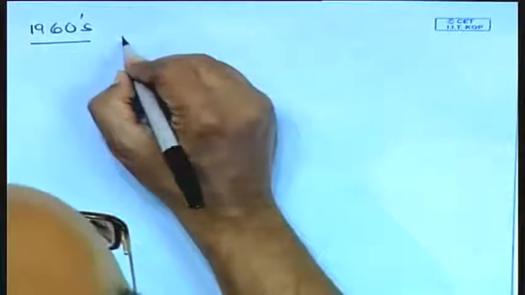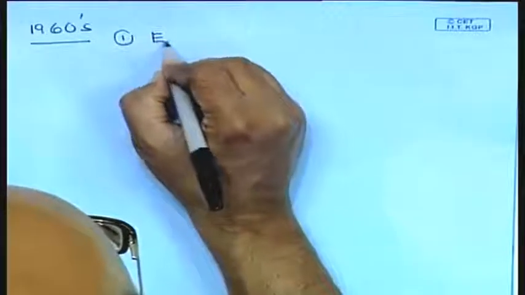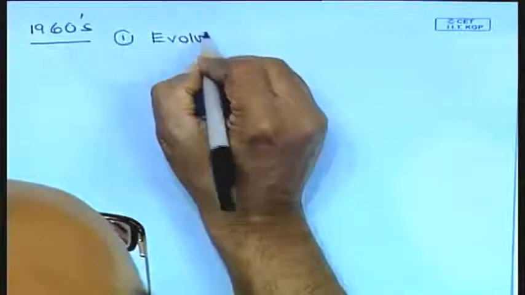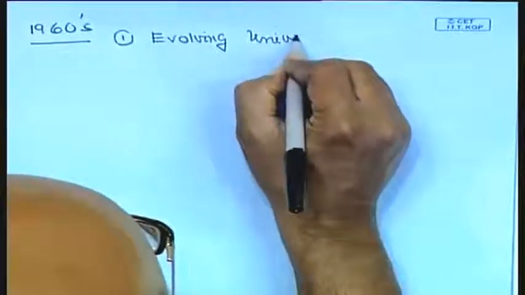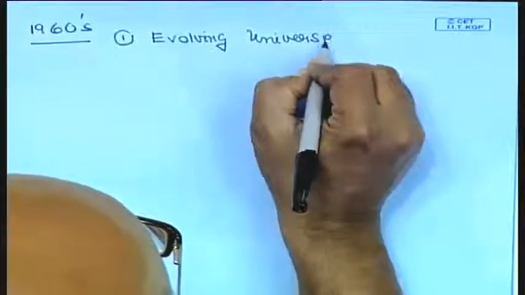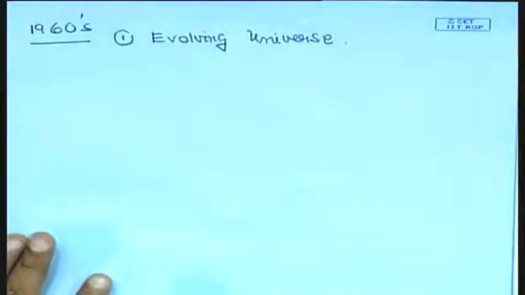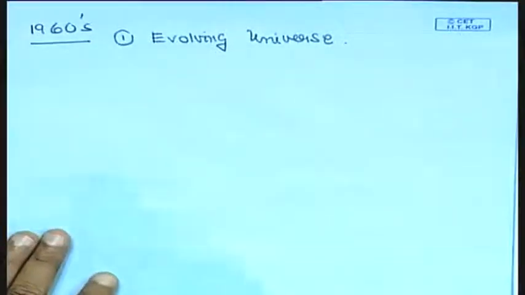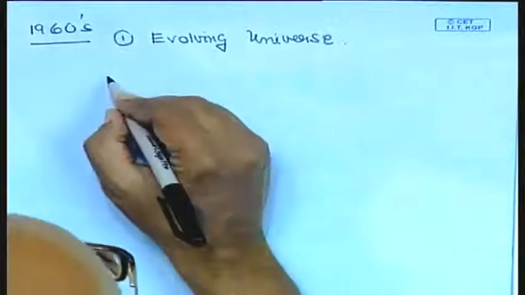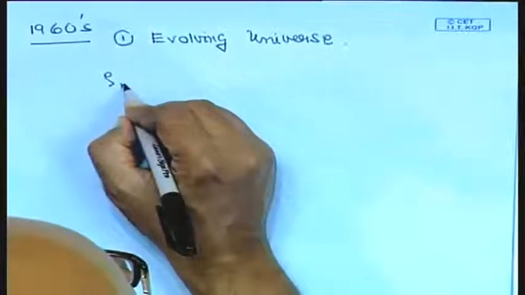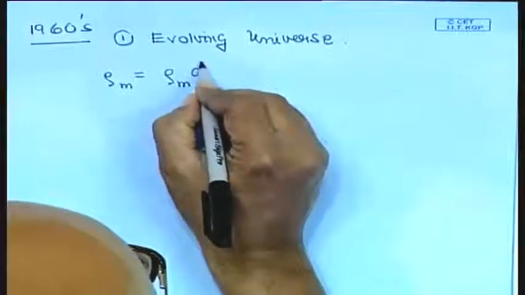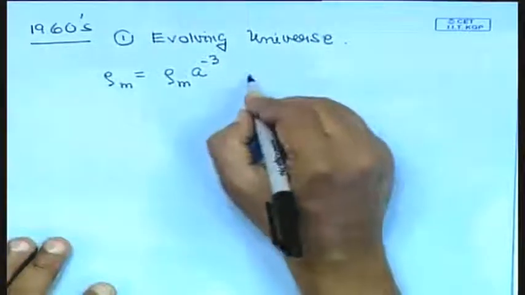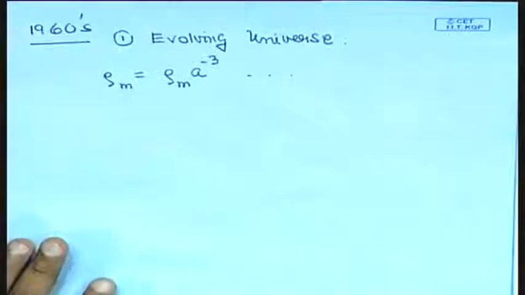One was the evolving universe, which is the model that we have been discussing. So in this model things change with the scale factor. For example, the matter density is equal to the present matter density times a to the power minus 3, etc. Everything evolves with the expansion of the universe.